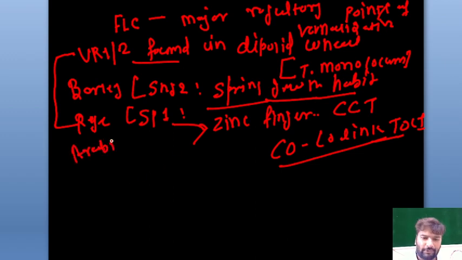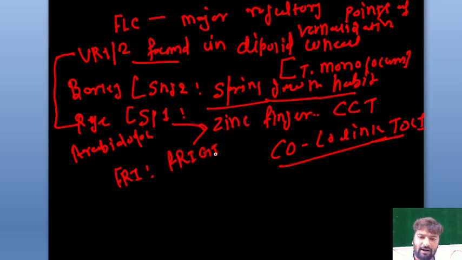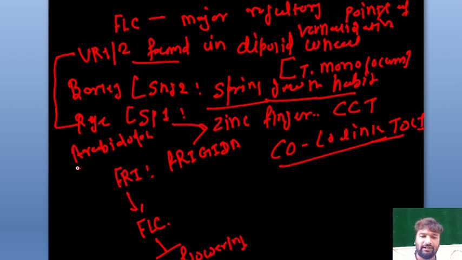In Arabidopsis, there is one gene, that is FRI, known as Frigida, which activates the FLC gene, repressing the flowering process in Arabidopsis.